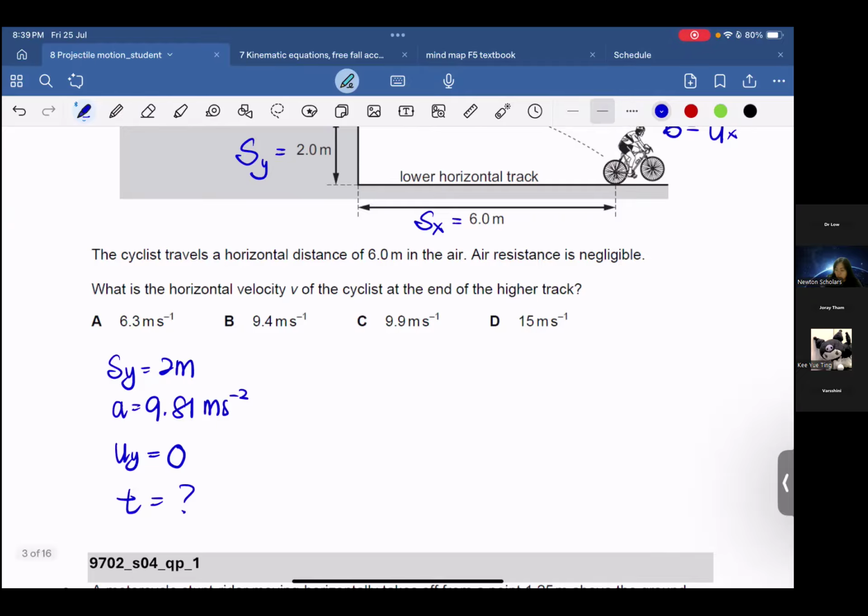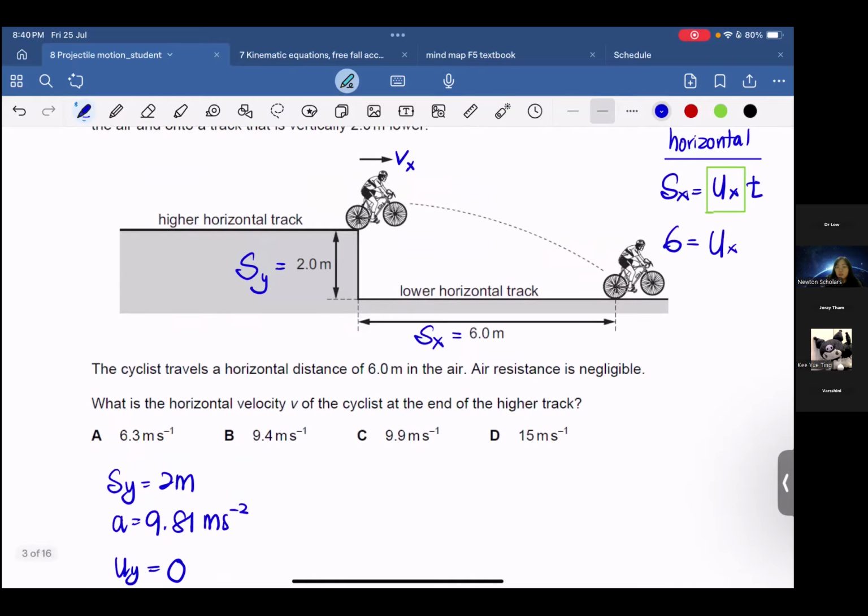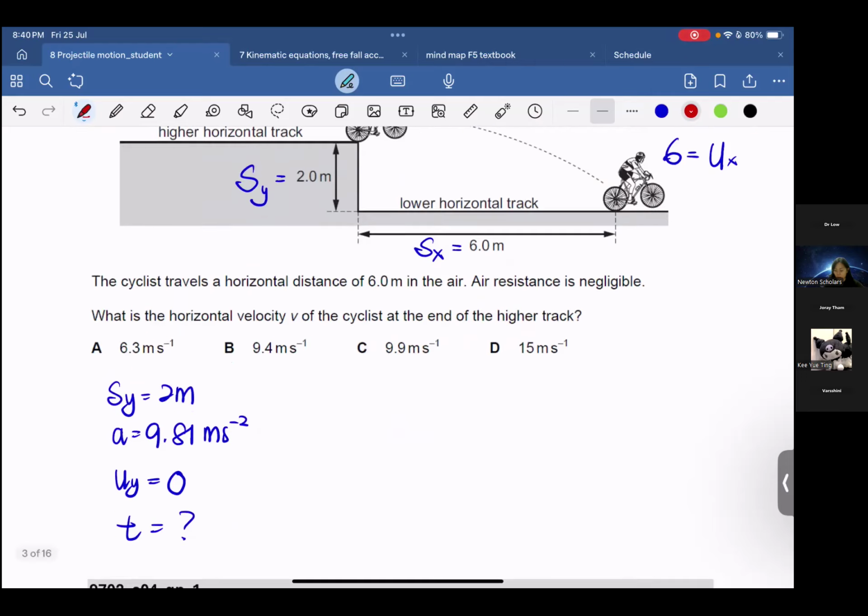Here, horizontal, we want to find the ux. Here, Vx actually is Ux because all the time it will be constant. It isn't affected by gravity in the horizontal component. But the problem is I don't know the t. I need to find out the t by using the vertical information, the vertical component.